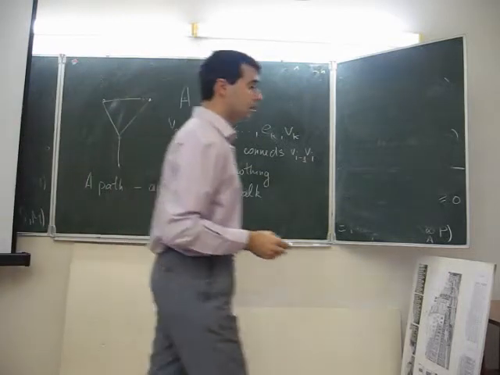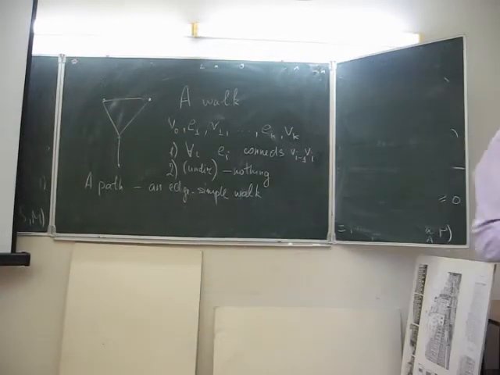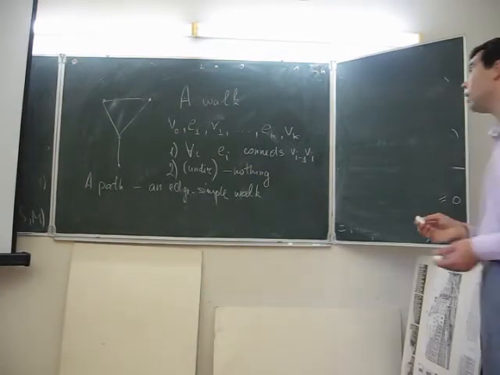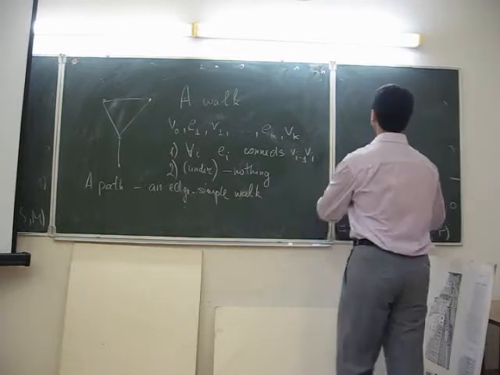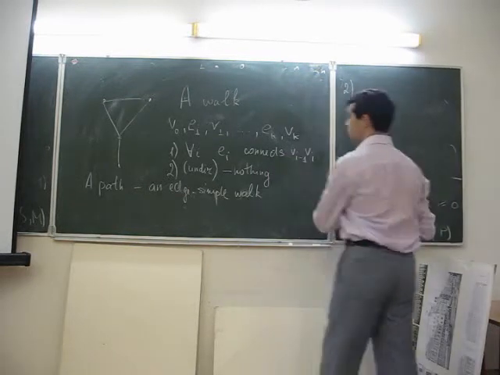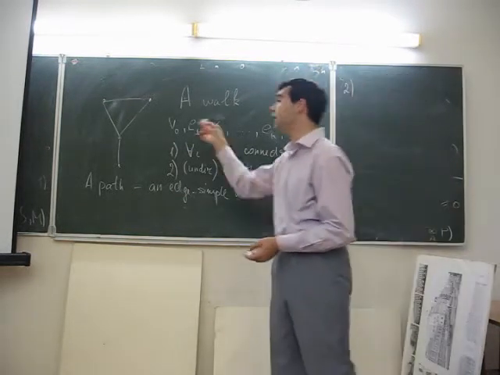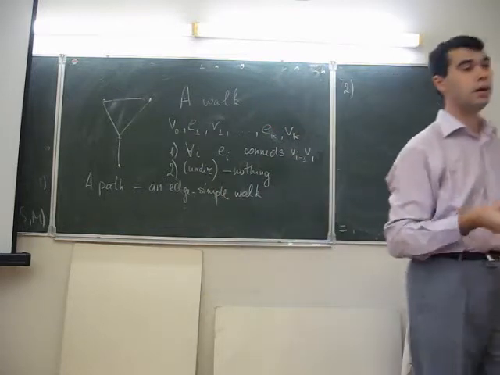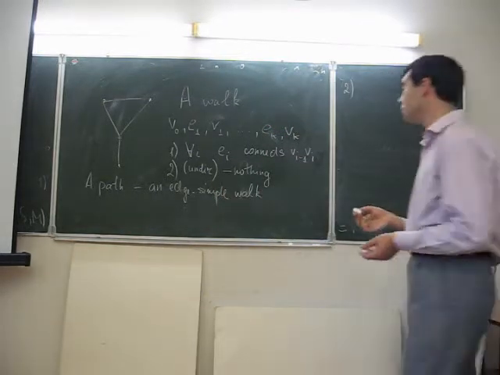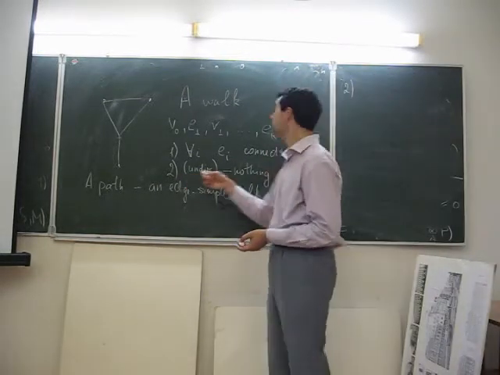Okay, let's look at directed graphs. What is a walk in a directed graph? Well, obviously it's again a sequence of nodes and edges, and they should be alternating, but there is also a non-trivial second requirement.